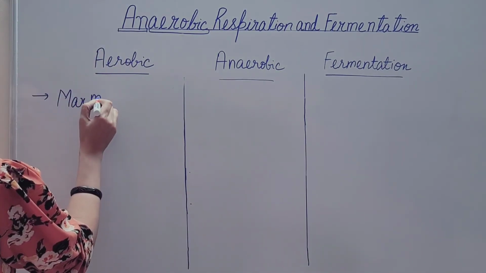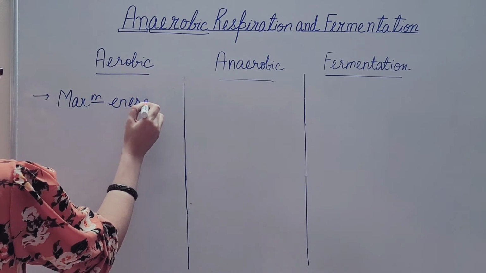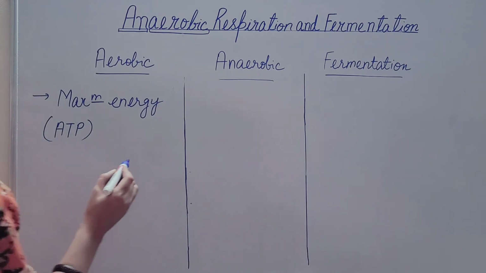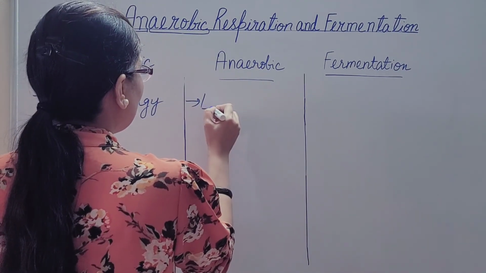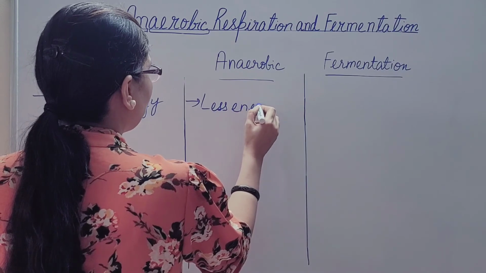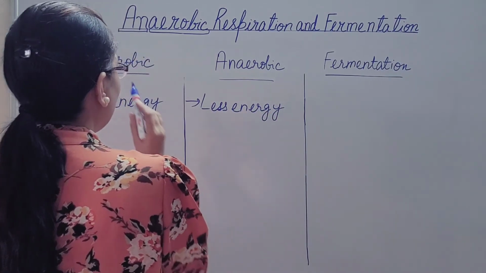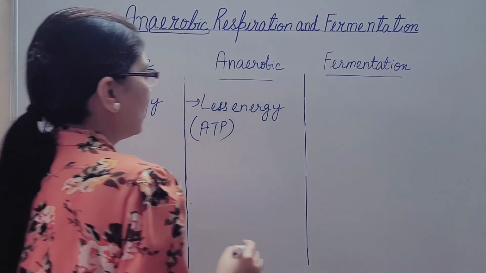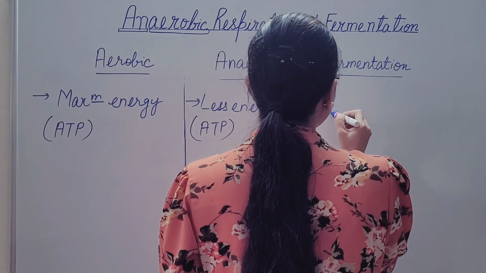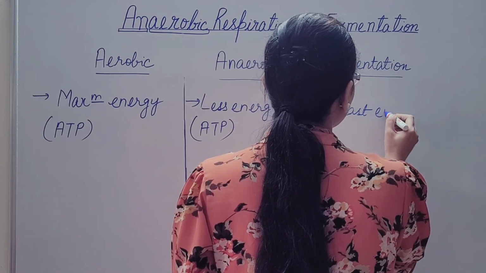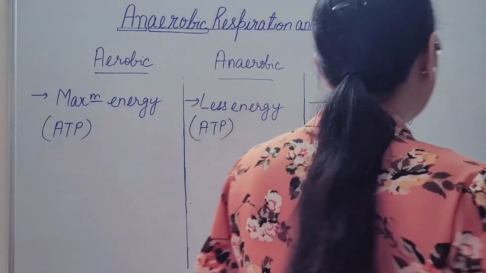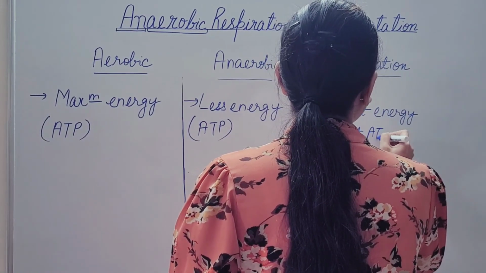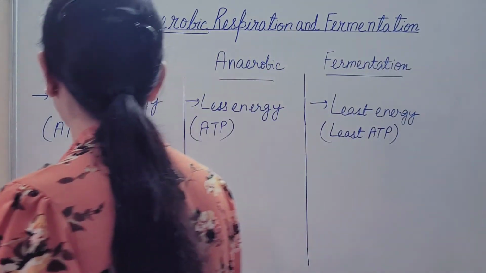Aerobic respiration gives maximum energy, that is, more ATP molecules are produced. Anaerobic respiration gives less energy compared to aerobic respiration, so fewer ATP molecules are generated, and in fermentation we get least energy, so we get fewer ATP molecules compared to anaerobic respiration.